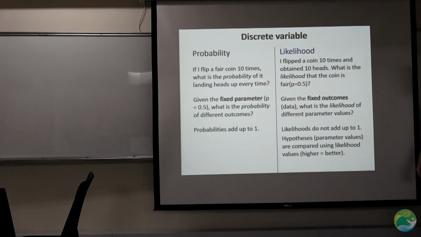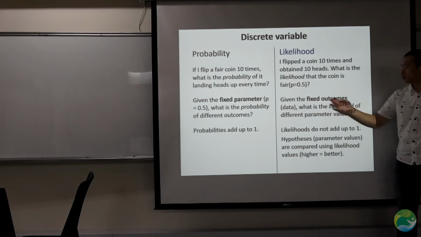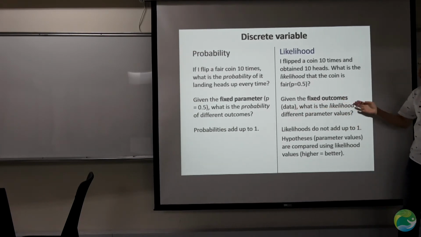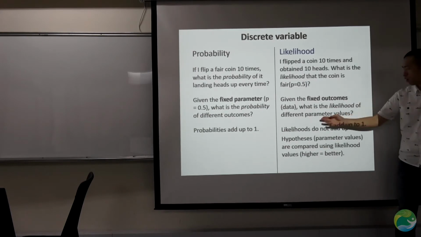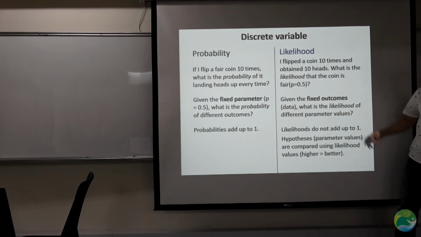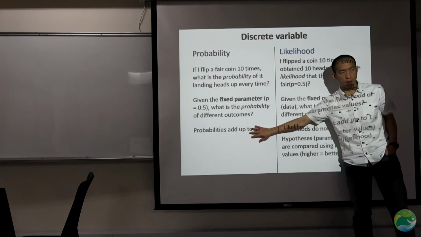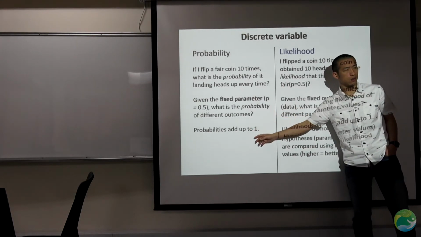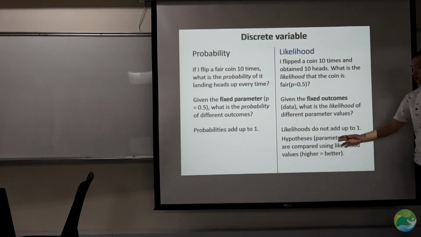Given a fixed outcome, the data, what is the likelihood of different parameter values? For probabilities, all the probabilities sum up to 1. Likelihoods do not add up to 1, okay?